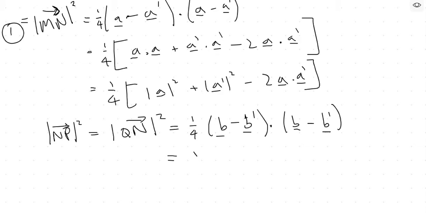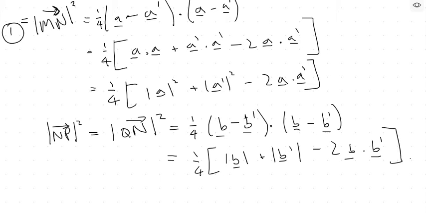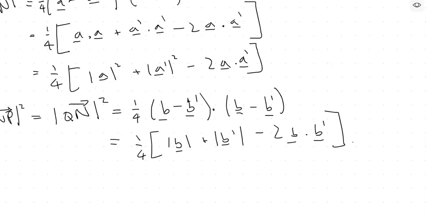And exactly the same argument as before, we end up with the same thing as the A's, but with B in the place of A, B dash, B dotted with B dash. Okay, so now our job is to show that these two are the same.